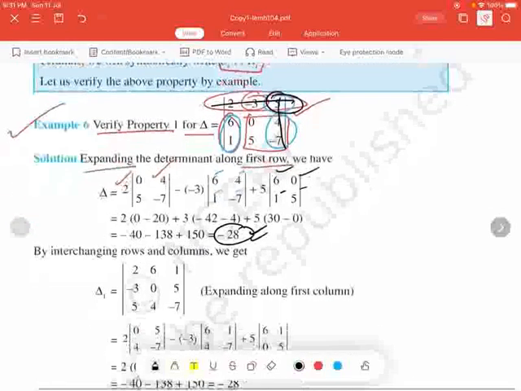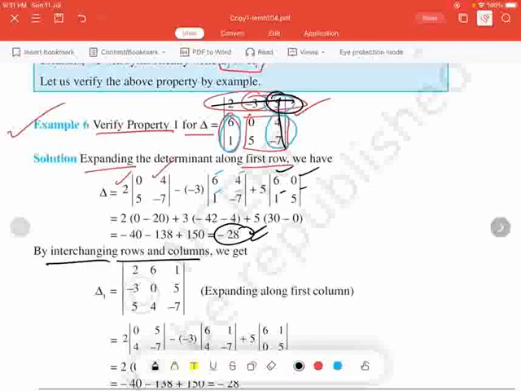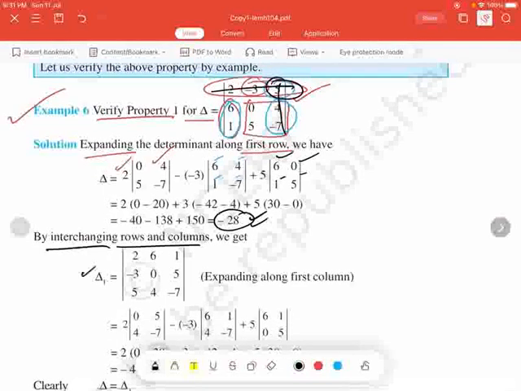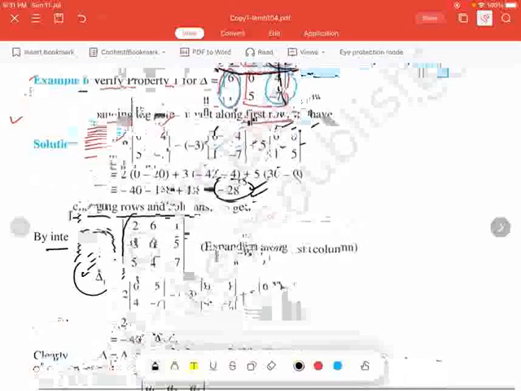Now we interchange the rows and columns. We give a new name to it, delta 1. After interchanging row and column, the first row 2, -3, 5 becomes the first column, and 6, 0, 4 the second column.